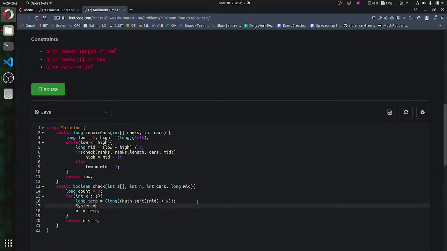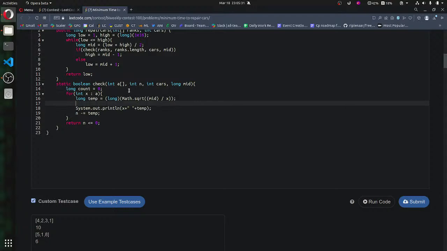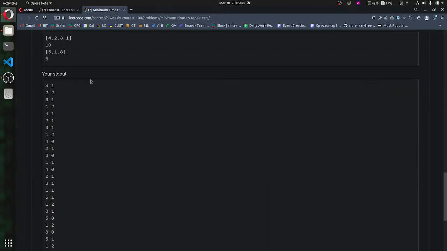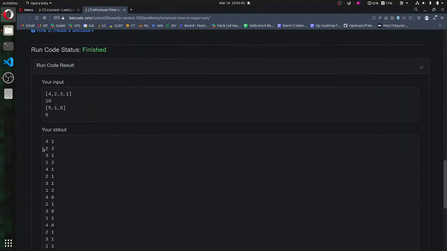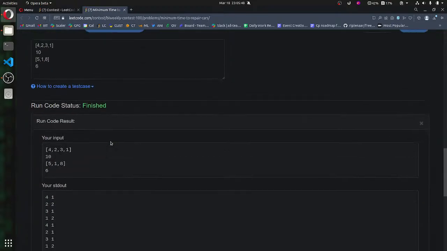Okay, let's try to print it out. If mid is less than, say, 12. For 4 we have 1, for 2 we have 2, and for 3 we have 1, and for 1 we have 2.